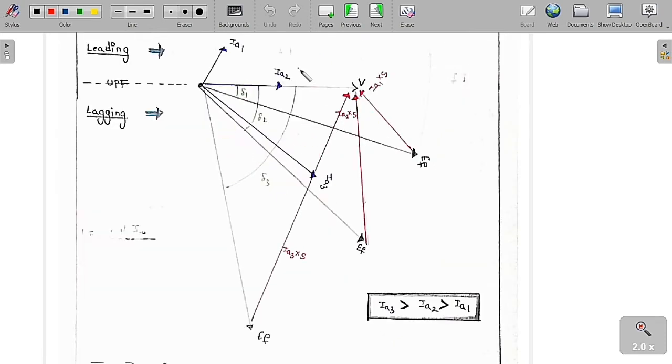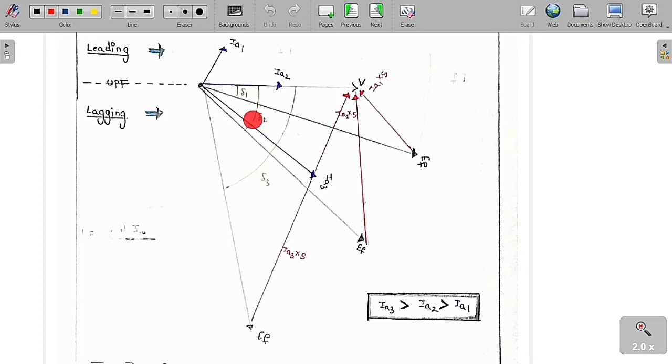Whenever the load increases, the load is increasing in the downward direction. So whenever the load increases, the current IA increases, the delta increases, and also we can say in the leading case, if you see clearly, whenever you increase the load, the IA increases, the power factor angle decreases, so power factor increases, and the delta also increases. This you can see clearly from this one.